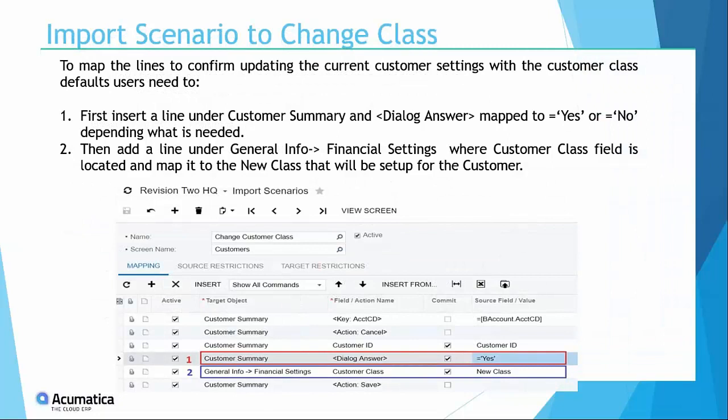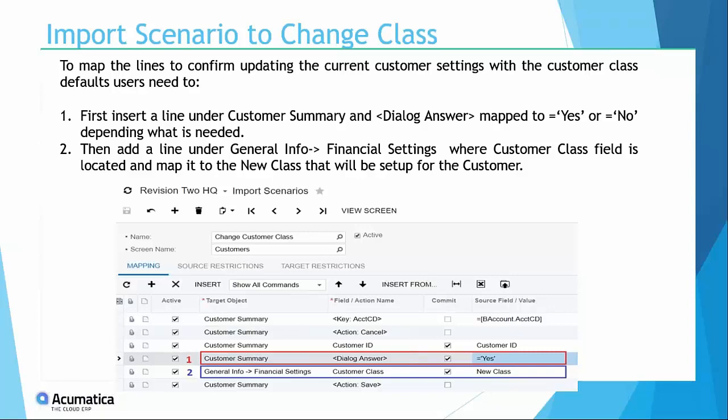So to map the lines to confirm updating current customer settings in this example with the new customer class, we need 2 lines for this. The first line that we need to include is the dialog answer that we reviewed in the previous slides.